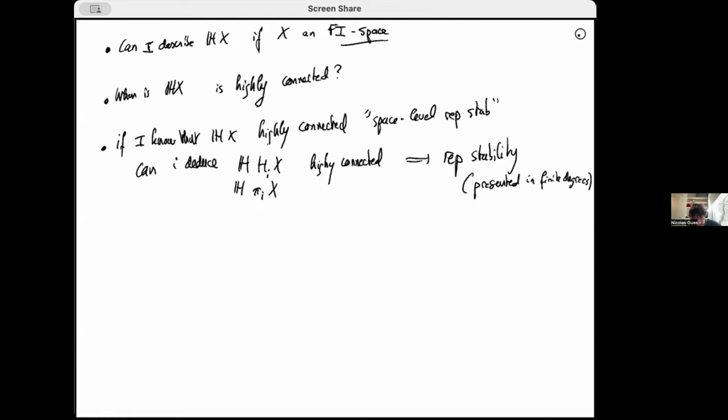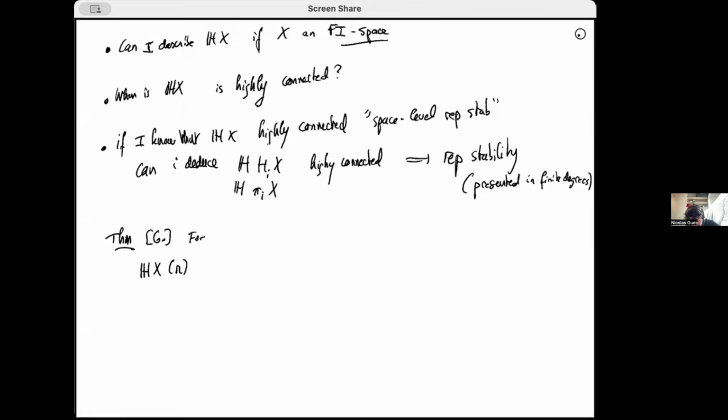Okay, so I'm going to answer these questions and finally explain how we can prove this theorem about homotopy groups. So the first theorem is that there's a very nice description of H of X of n.